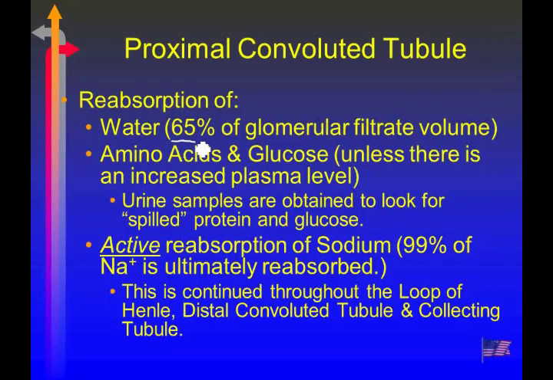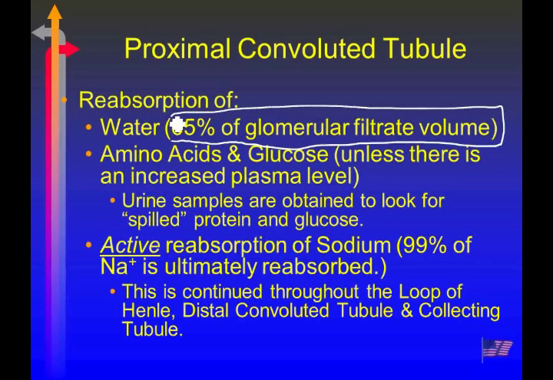65% of all glomerular filtrate ultimately is absorbed back in the form of water. There's also some reabsorption. These are very permeable, so they can reabsorb some amino acids and glucose, unless there's an elevated level in the vascular space.